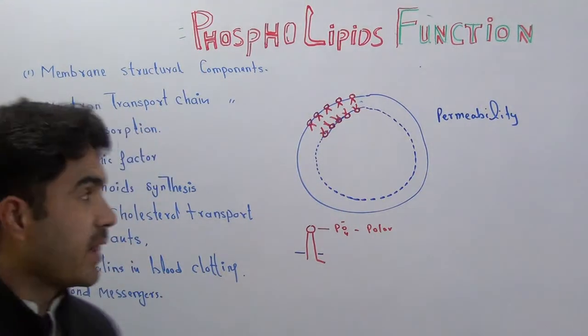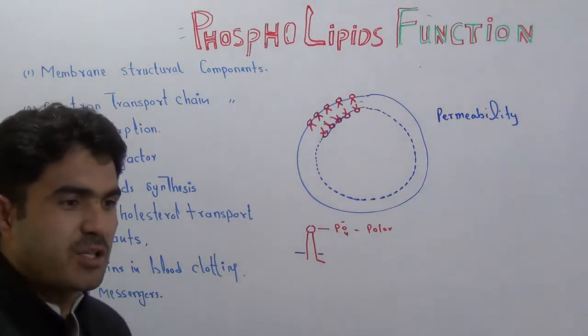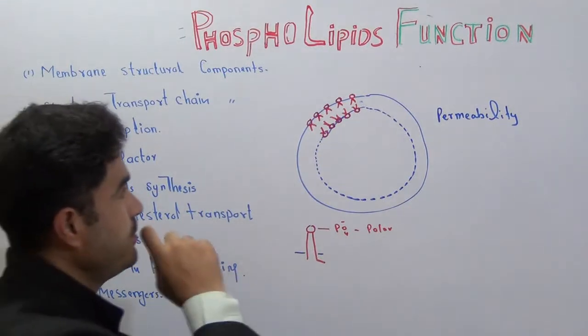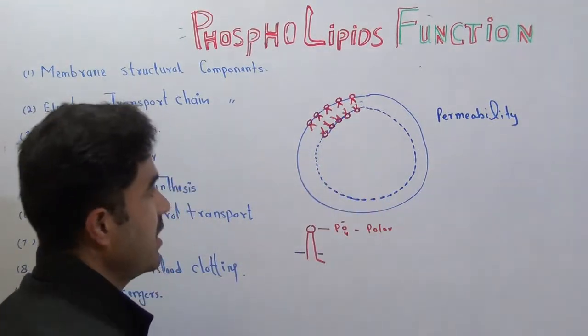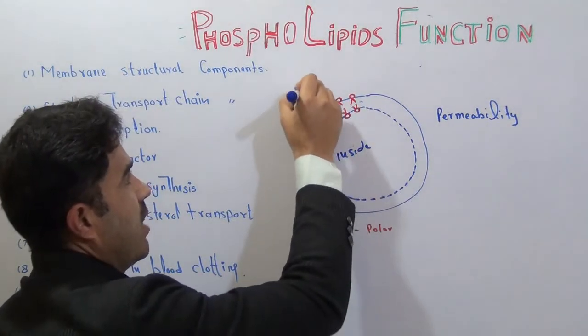one thing more, that in the cell membrane, very specifically with a very special style, these phospholipid molecules are arranged. If you see here, this is the inside of the cell, and this is the outside.